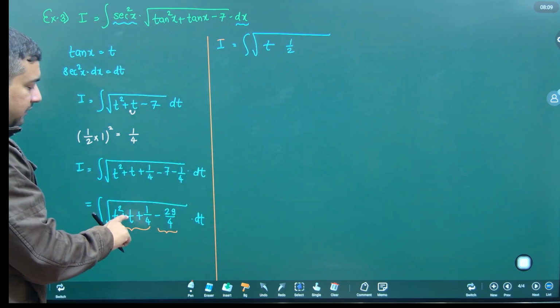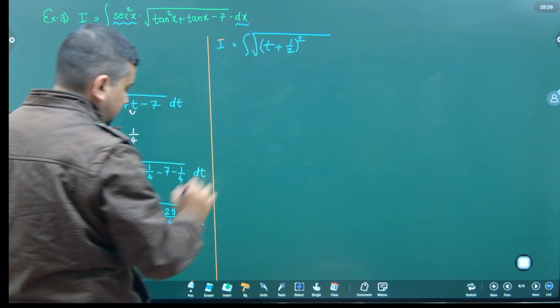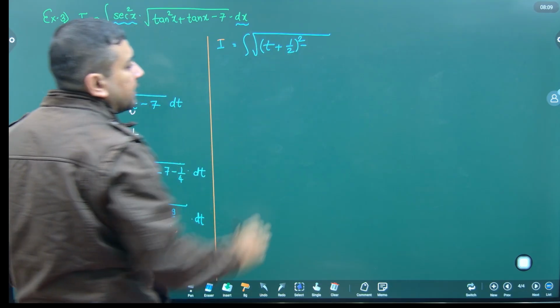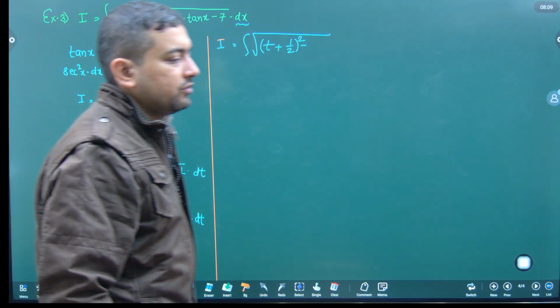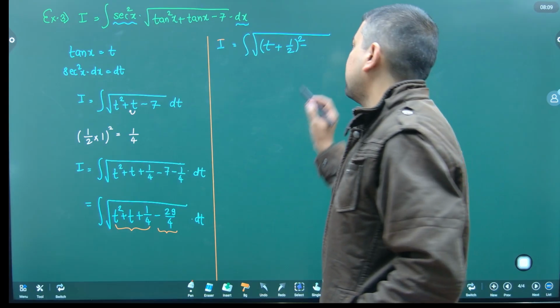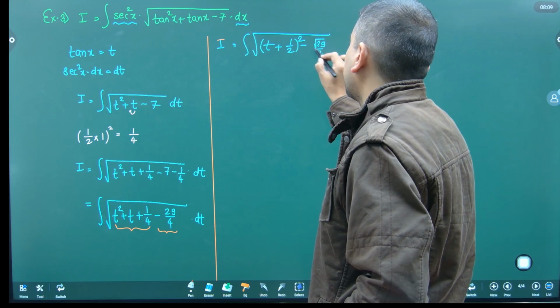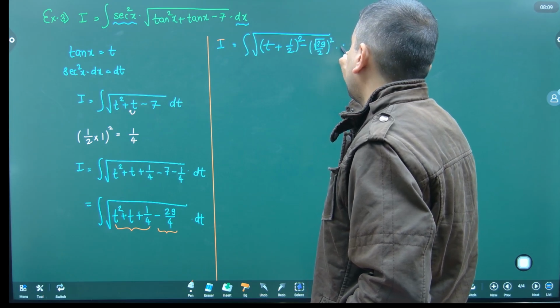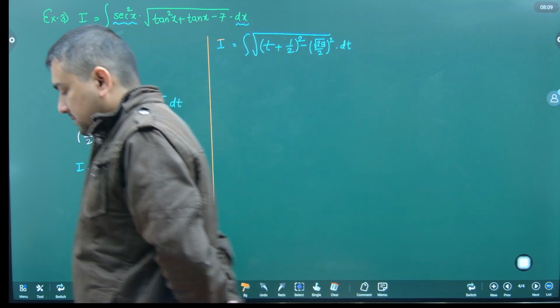In the middle you are having plus sign, so give here plus sign, bracket square, minus 29 by 4, right? We need to write 29 by 4 as a perfect square. So what you will write? We need to write under root 29 by 2 bracket square, dt.